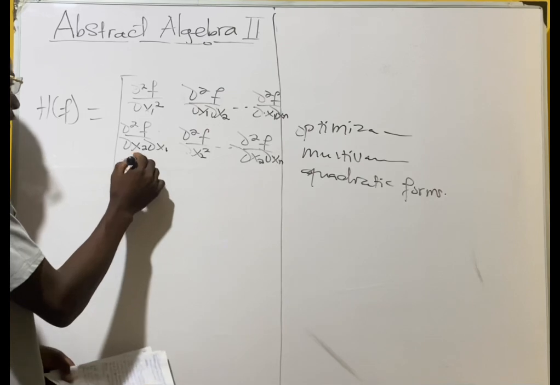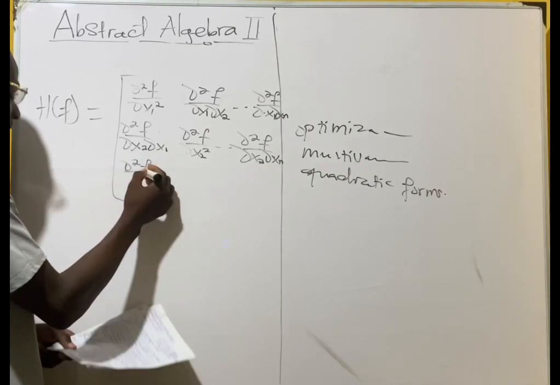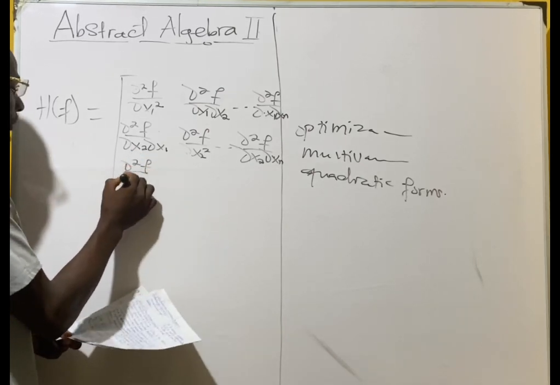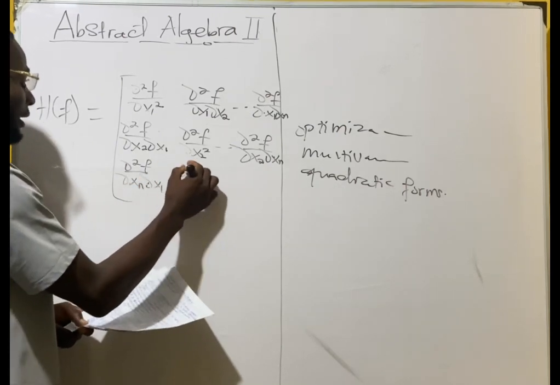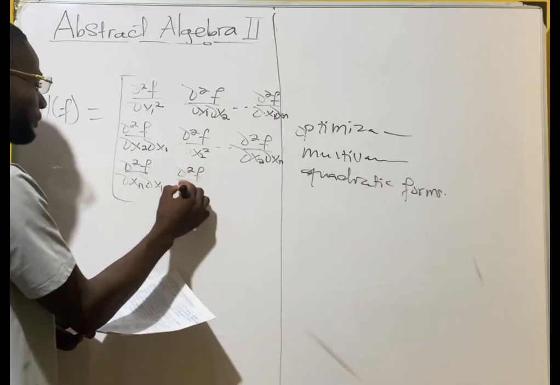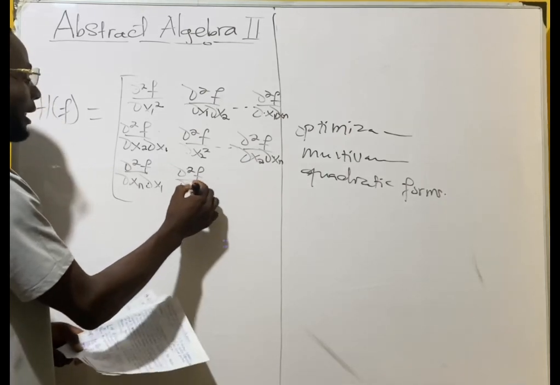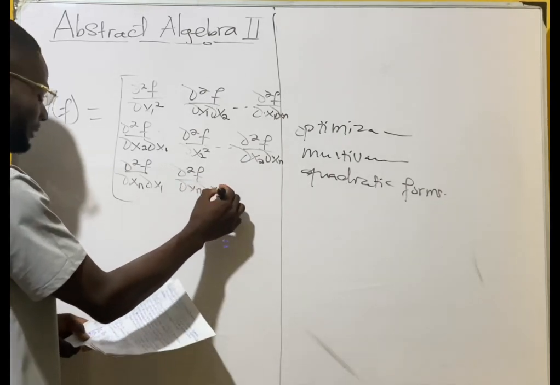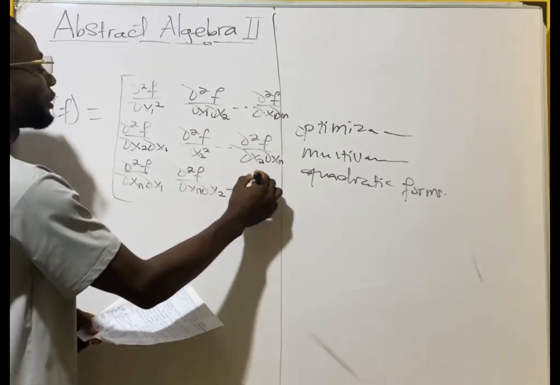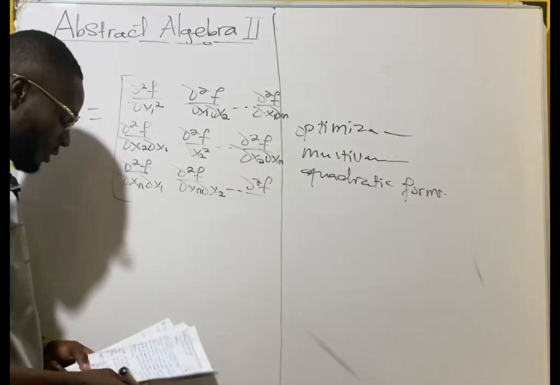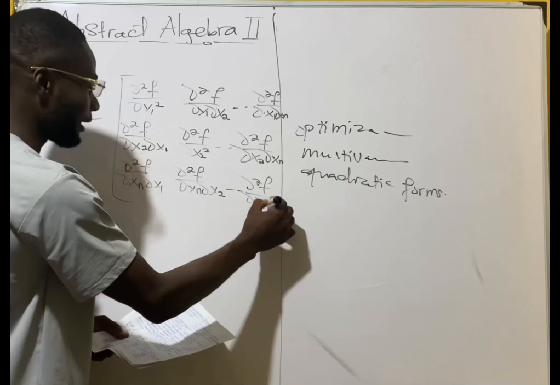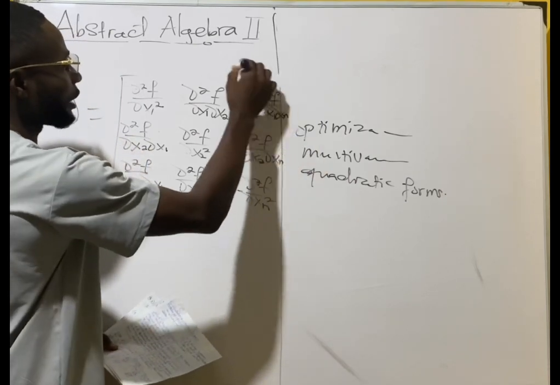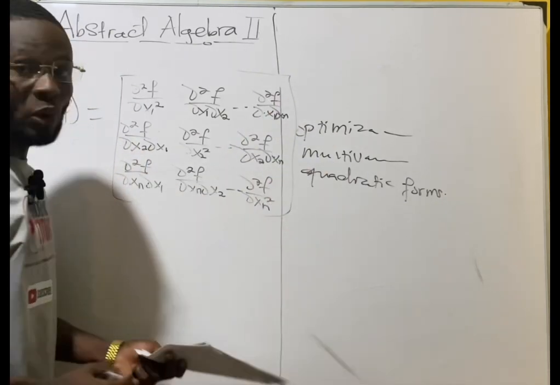And then the last row, ∂²f/∂xn∂x1, ∂²f/∂xn∂x2, up to ∂²f/∂xn². So this is a square matrix.